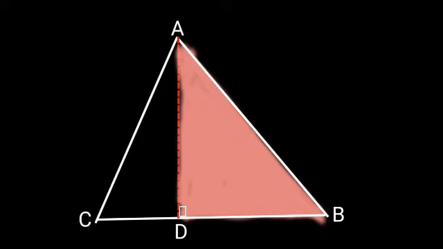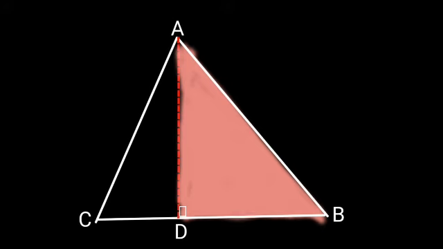In triangle ABC, we have given AD is perpendicular to BC and BD is 3 times of CD. This is what we have given here. CD is 1 time and BD is 3 times of CD.